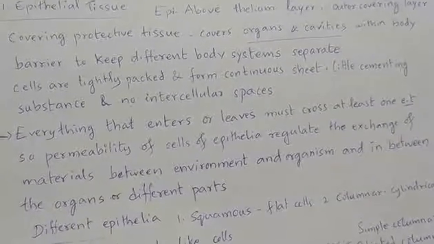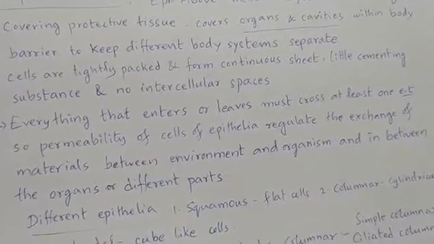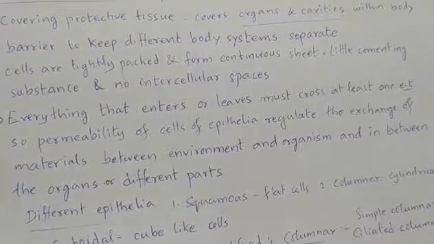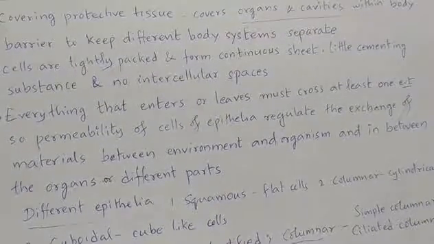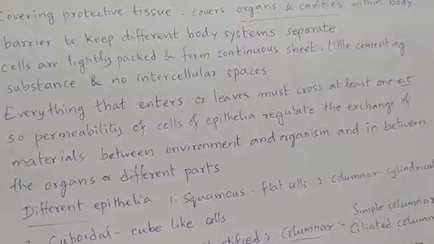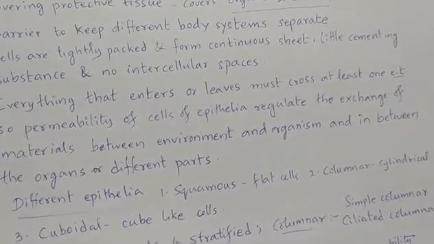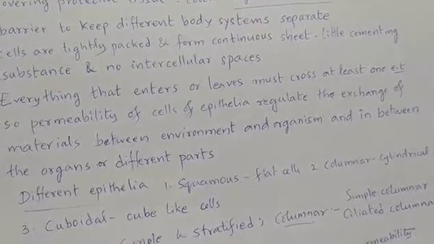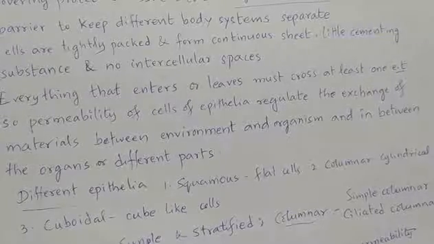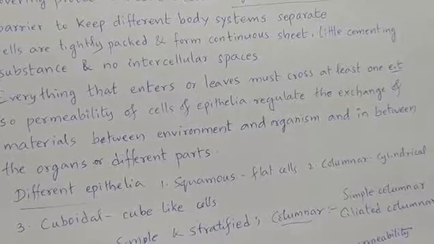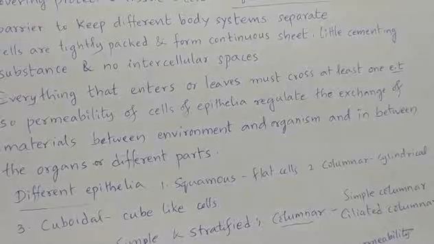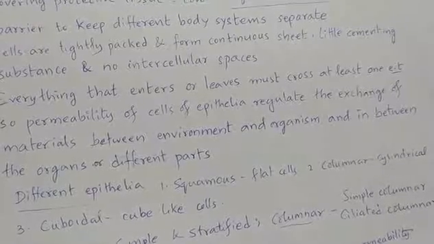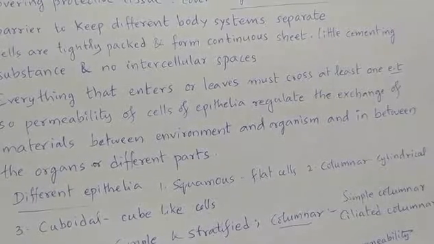Every substance that enters or exits, say, leaves from the body, every substance that enters the body or that leaves from the body must cross at least one layer of epithelial tissue.